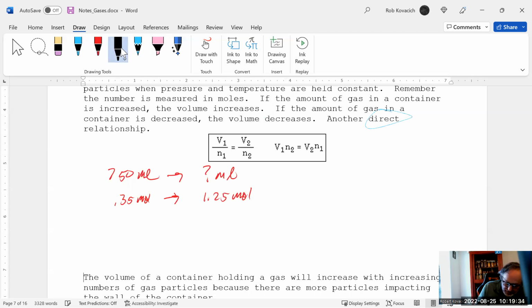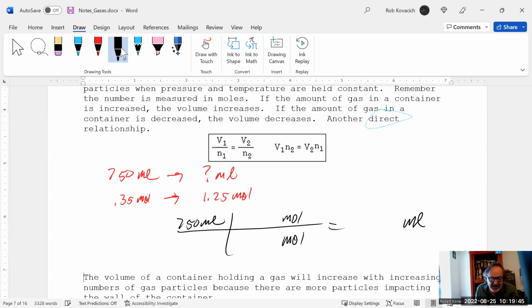Okay. So I start off with 750 milliliters because I want a milliliter unit. Volume unit is my answer. I got moles and moles. They're going to cancel out. I'm adding moles to this, so that means the balloon is going to get bigger because there's more stuff inside of it. So I'll put the 1.25 moles in the numerator and the 0.35 mole number in the denominator.